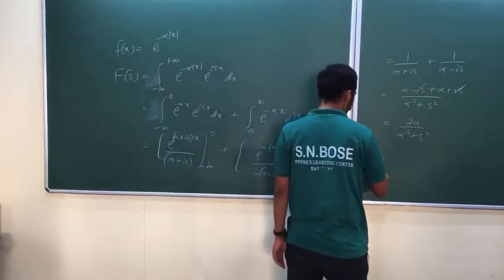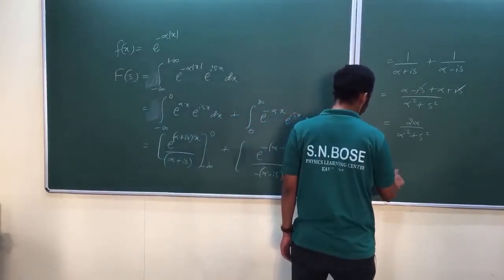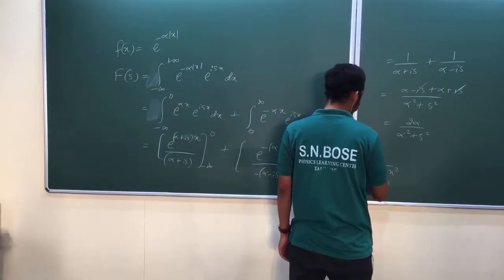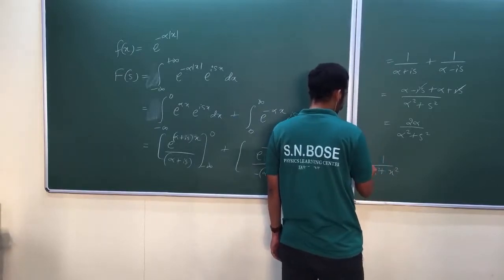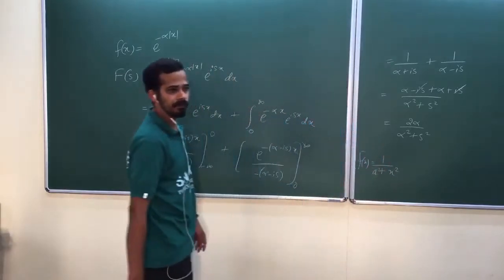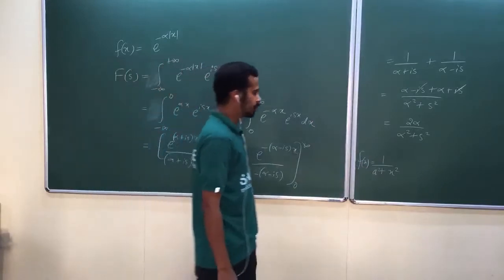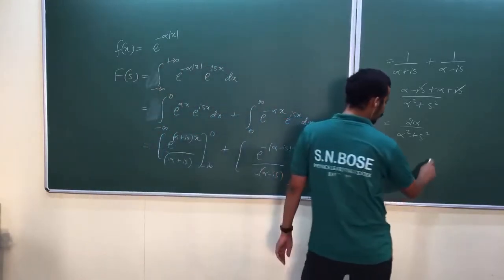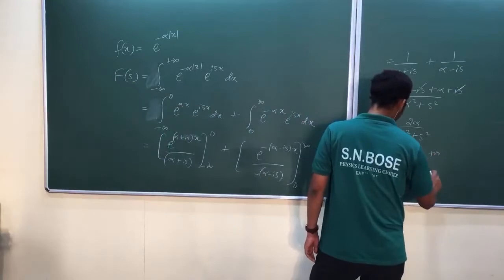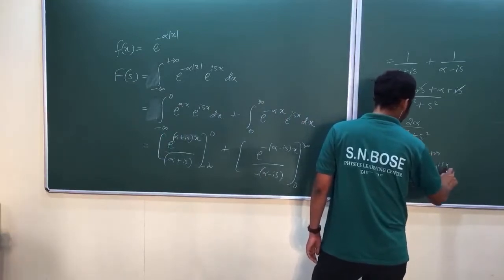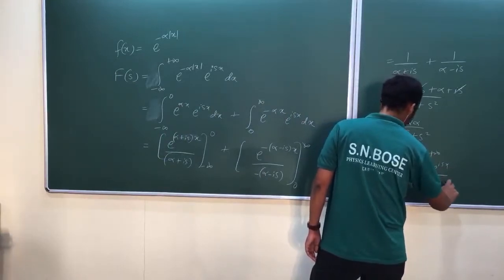Sometimes they may ask what is the Fourier transform of 1 by 1 plus x square, or 1 by a square plus x square. Then what would you do? Your integral becomes minus infinity to plus infinity e power isx divided by a square plus x square.